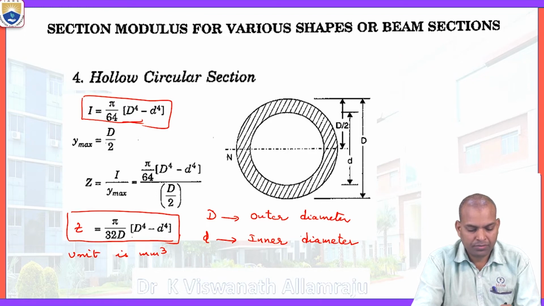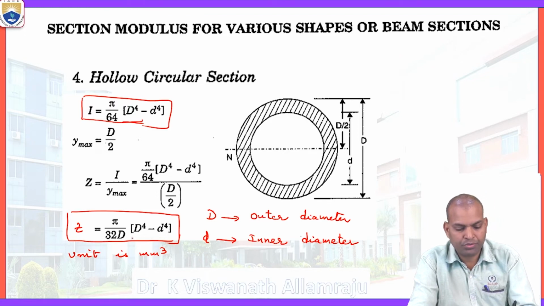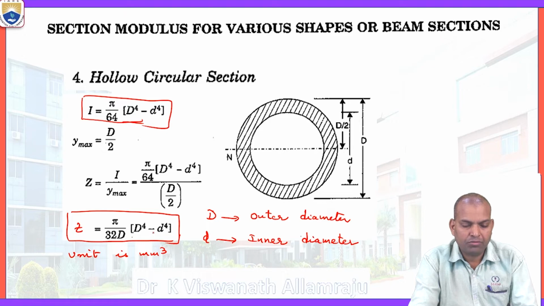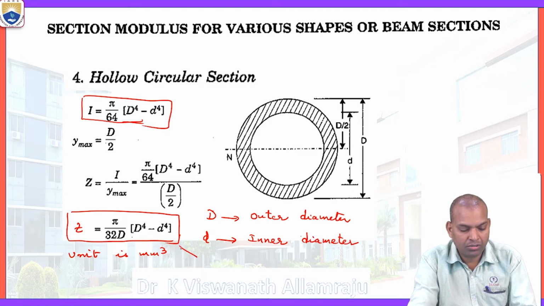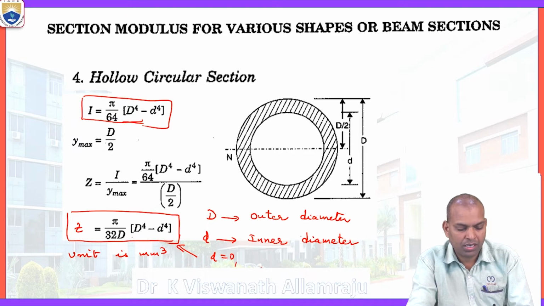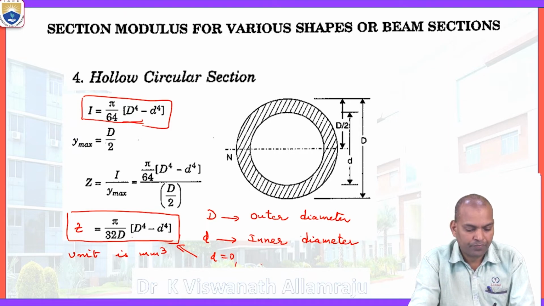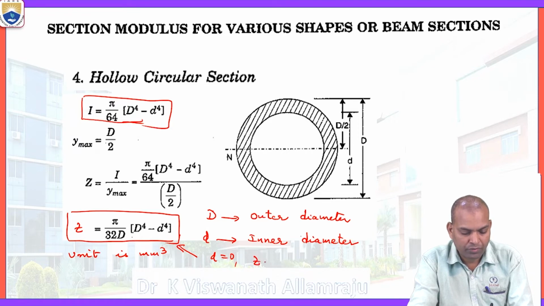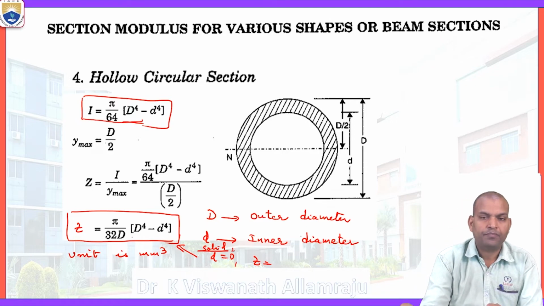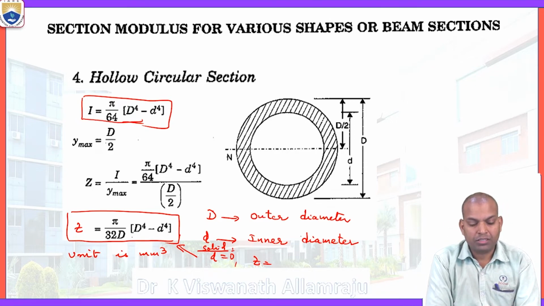For a solid circular section, if you want the section modulus, take the formula for the hollow circular section. In that hollow circular section, if you substitute small d equal to 0, then what will happen?